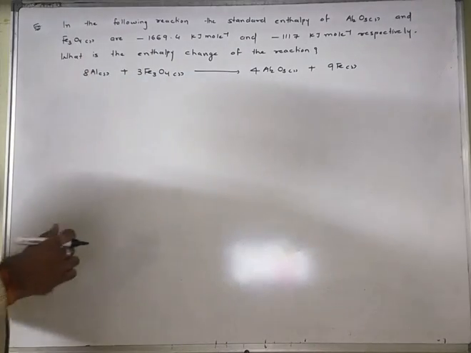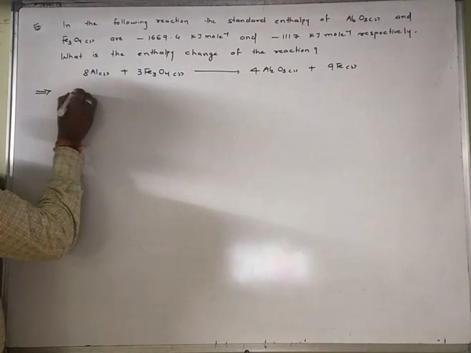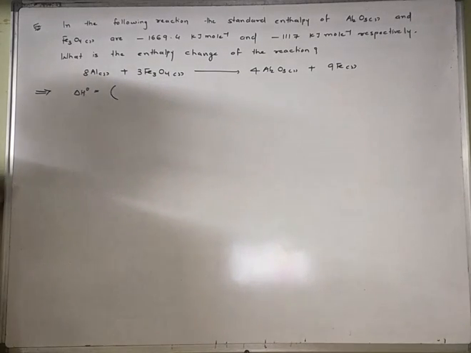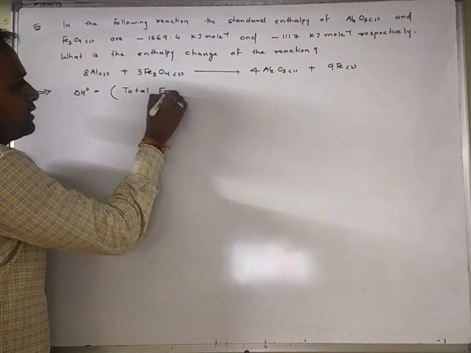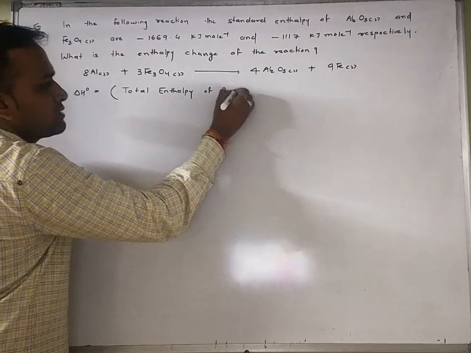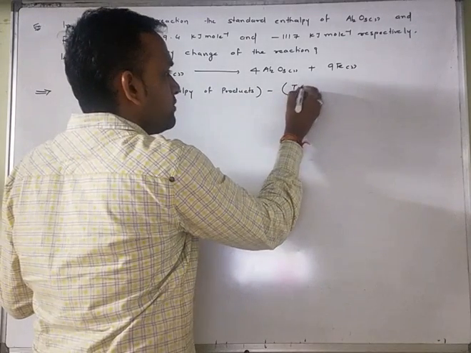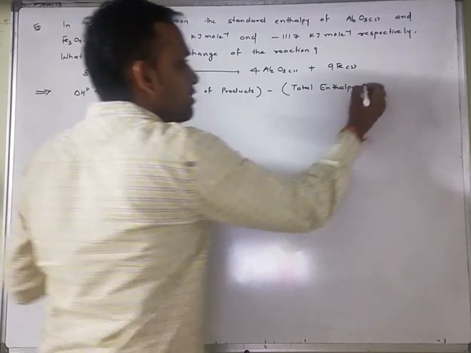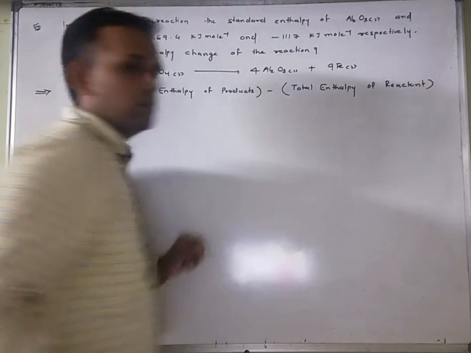So you know the equation to find out the standard change in enthalpy. That is, first of all, I can write down delta H0 equals total enthalpy of products minus total enthalpy of reactants. Understand?